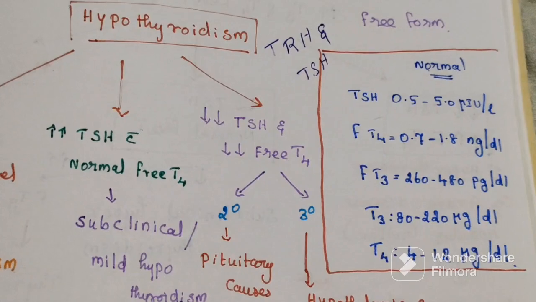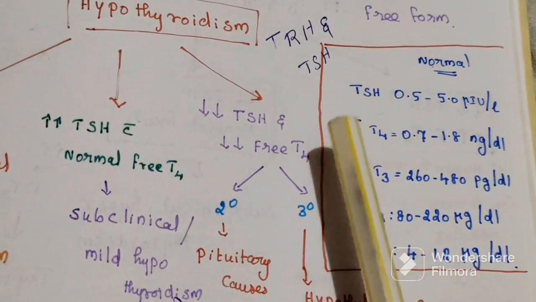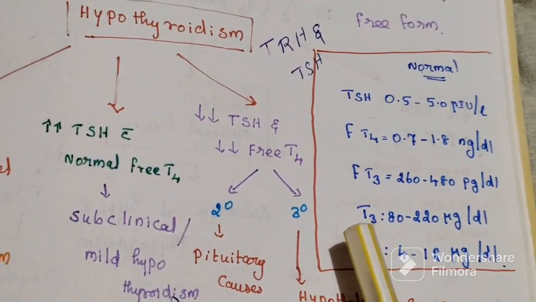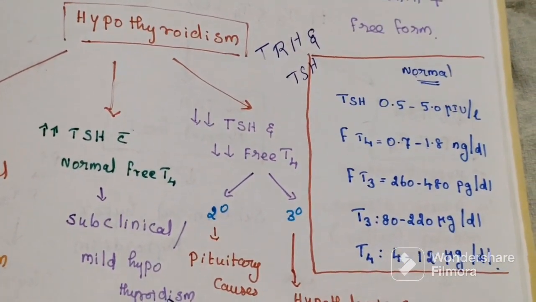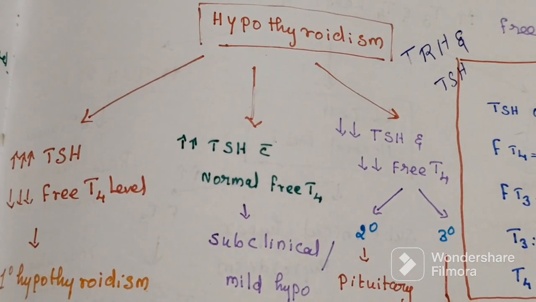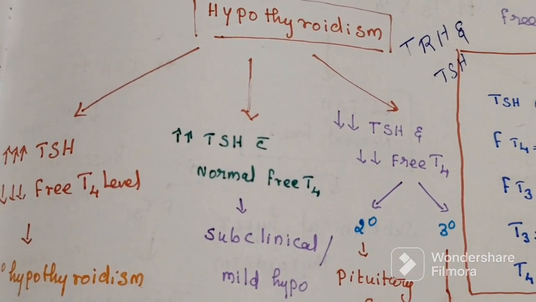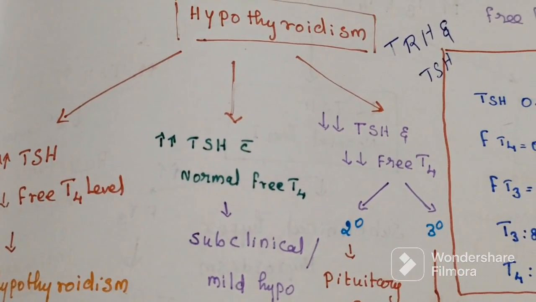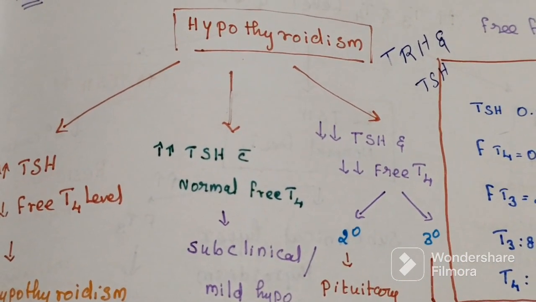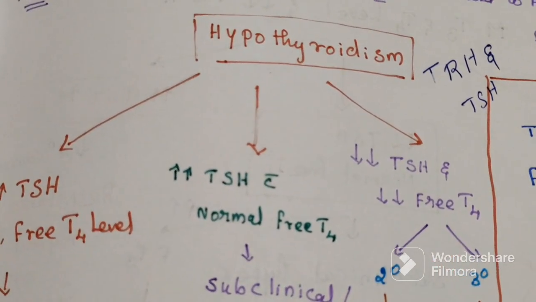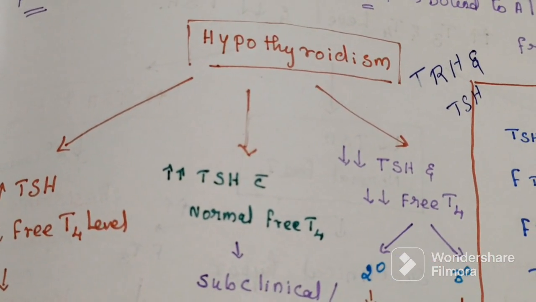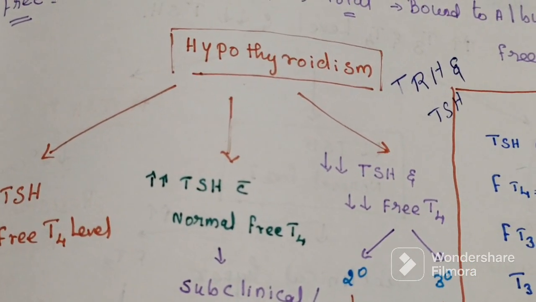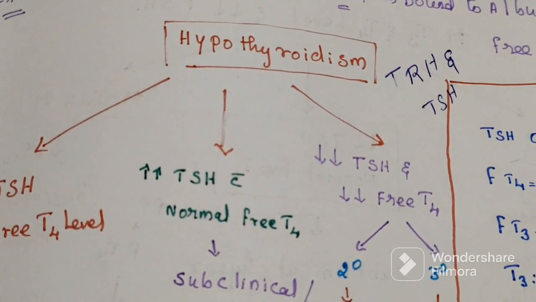These are the normal ranges of TSH, free T4, free T3, and total T3 and T4 levels. After the TRH, thyrotropin releasing hormone stimulation test, if the TSH level is not changed and remains as it was, it indicates a pituitary cause of hypothyroidism.